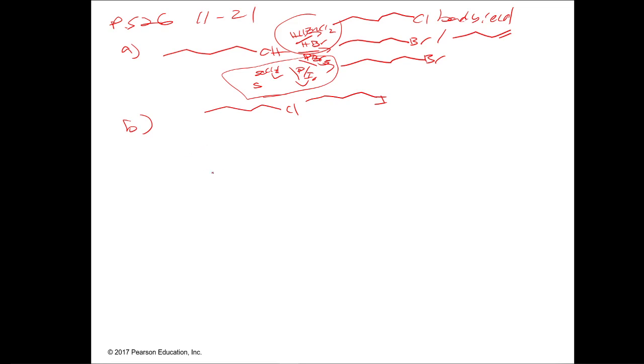2-Methylbutan-2-ol. All right, so now we're working with a tertiary alcohol.